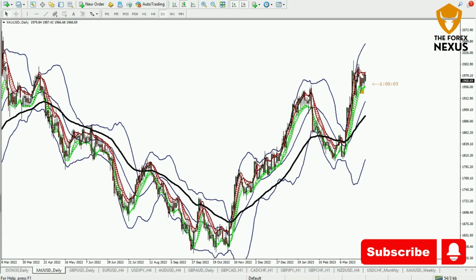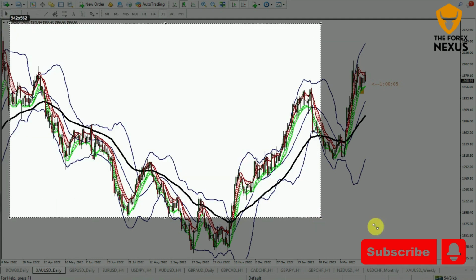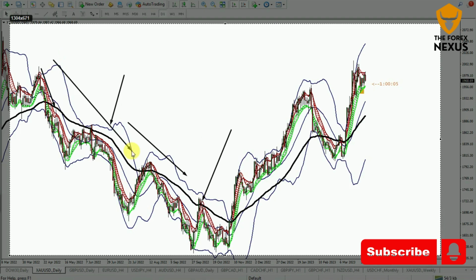On the daily time frame, you can see here, this is the major trend, a bearish trend because the EMA 50 is above the price and it's moving toward the downside.